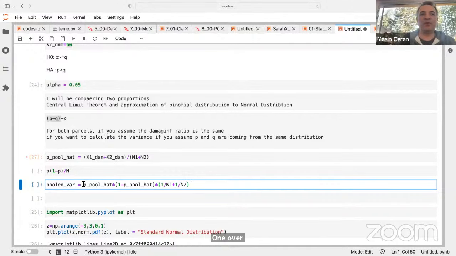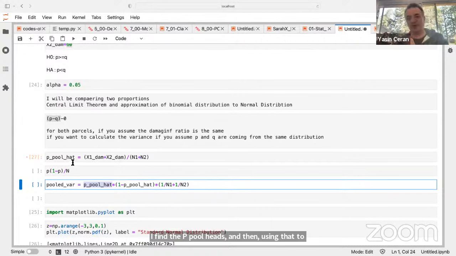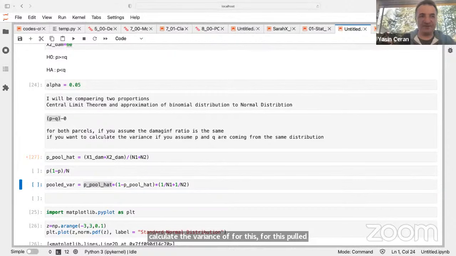So I find the P pool hat and then use that to calculate the variance for this pooled scenario. This is the variance.